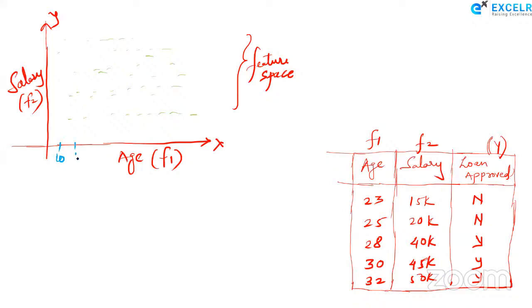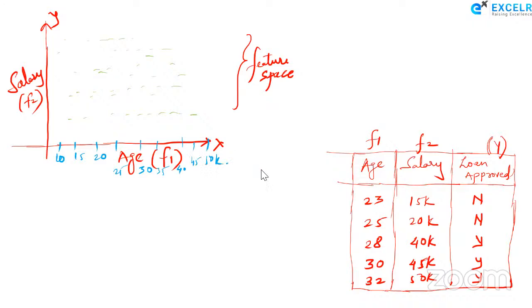Then we have 15K salary, then 20K, 25K, 30K, 35K, 40K, 45K, and let us say this is 50K.